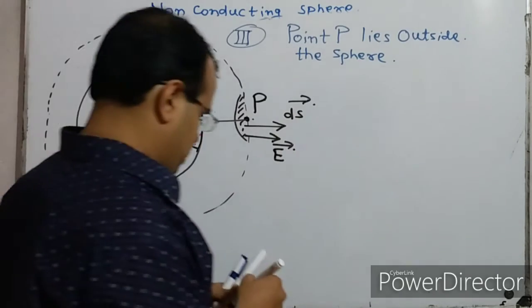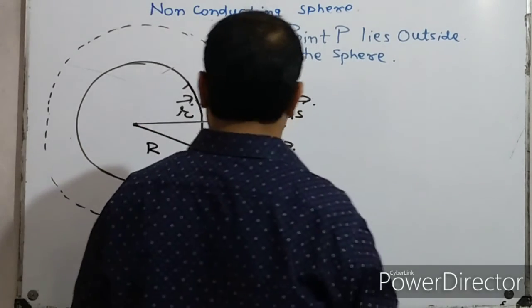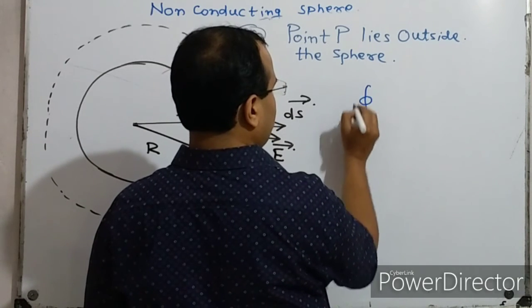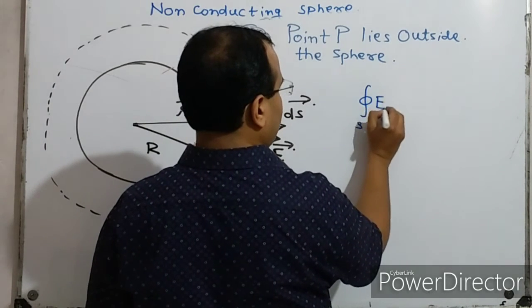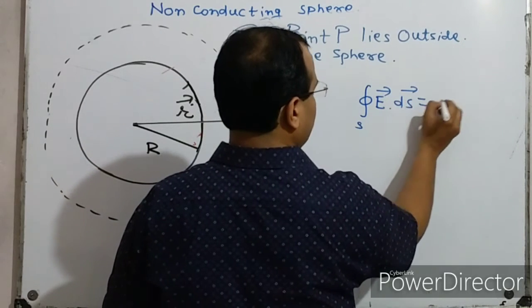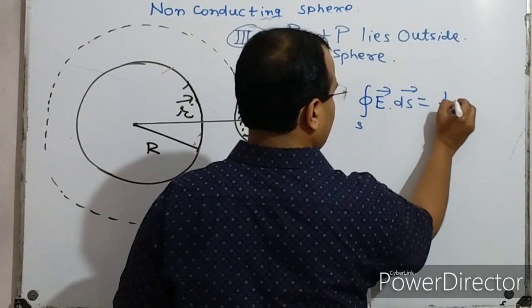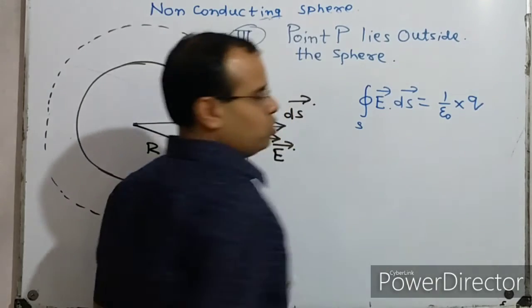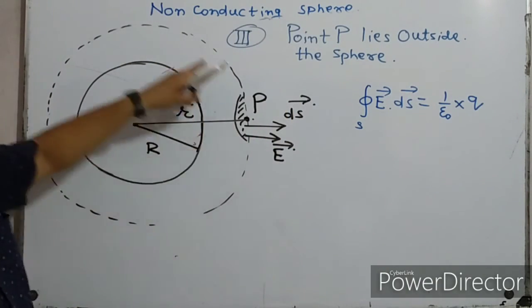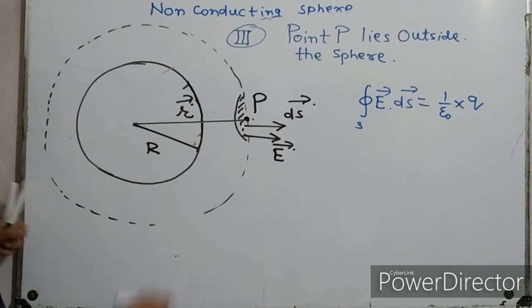Again by Gauss theorem you can write closed surface integral E vector dot ds vector is equal to 1 upon epsilon naught times q. And now here q is the total charge q, because this is the total charge which the solid sphere possesses.